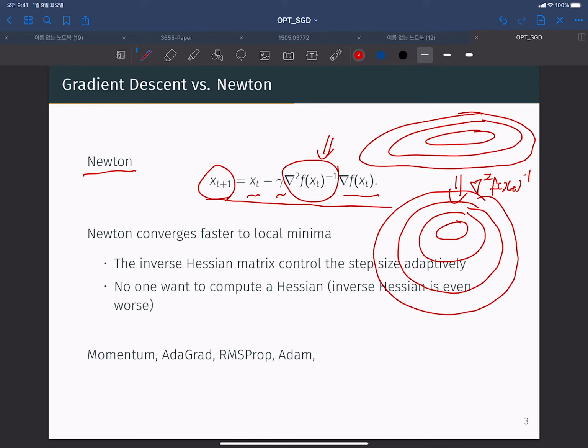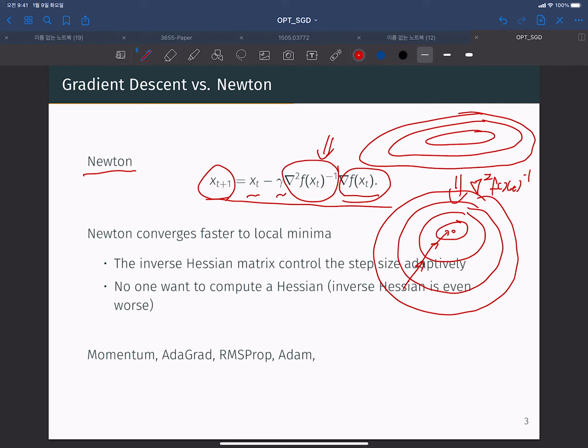So your gradient direction goes more directly to the local optimal point. So Newton's method converges faster to the local minimum compared to the vanilla gradient method. The inverse Hessian matrix controls the step size adaptively, so that it considers the local curvature structure of your surface.